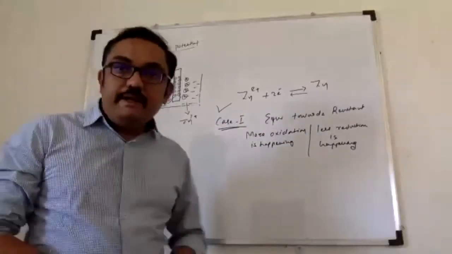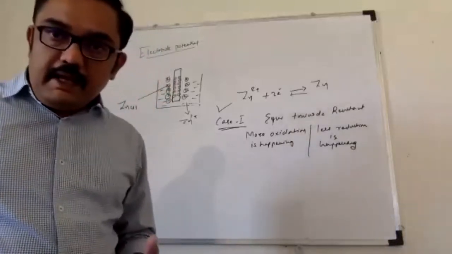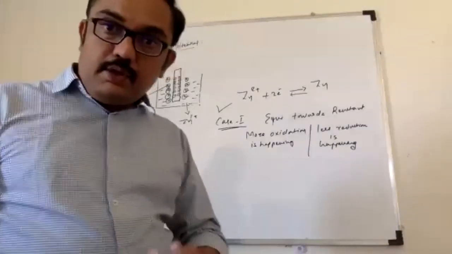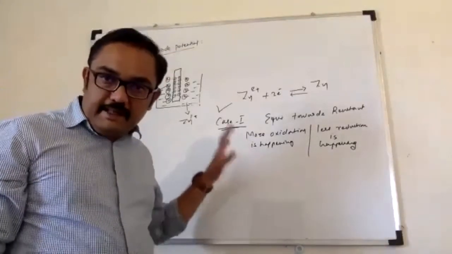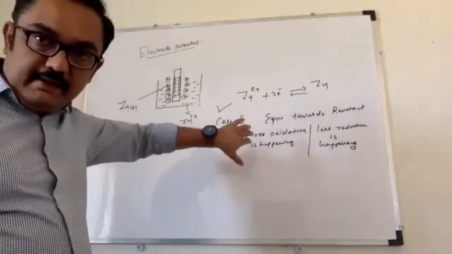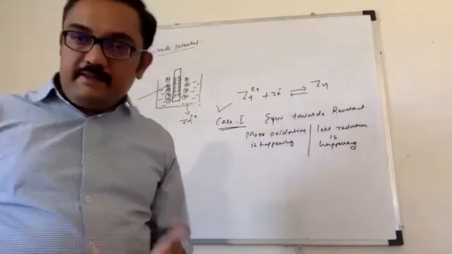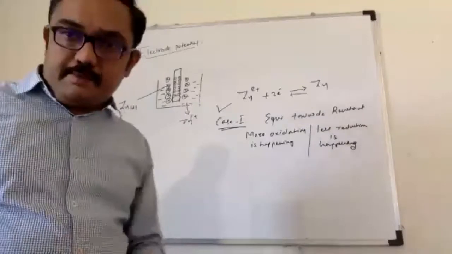Zn has more tendency to undergo oxidation and less tendency to undergo reduction.